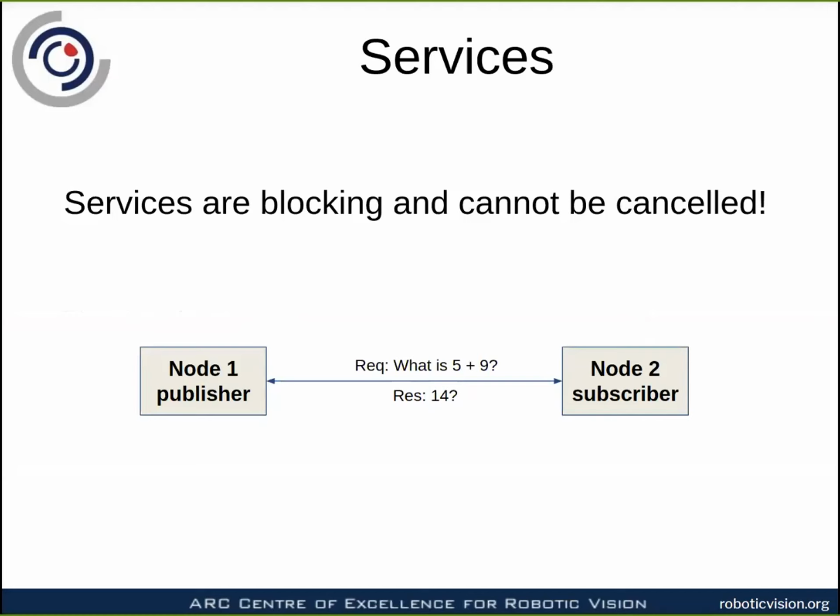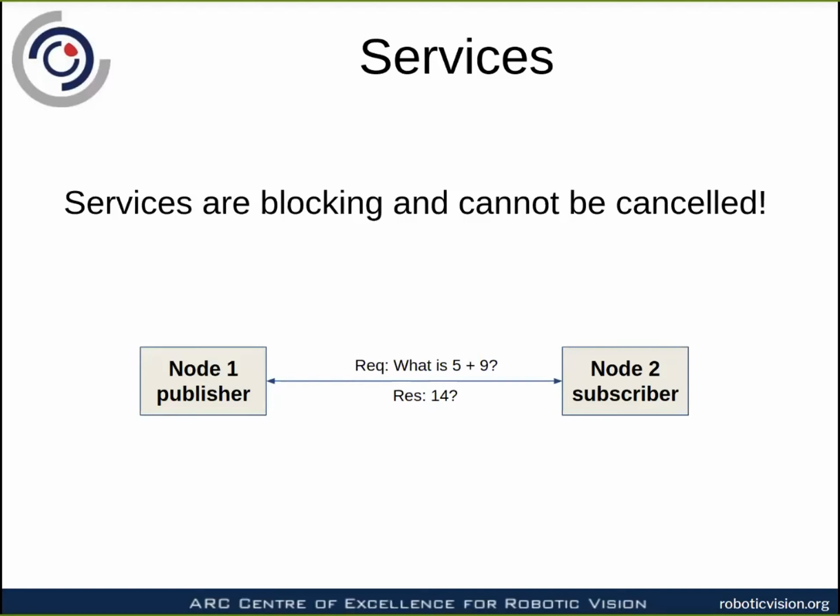If I publish an image and I get back detections, but I'm still publishing images while it's processing the first image, it's hard to tell which image corresponds to which set of detections. Whereas with a service, I can send my image and I know that the response I get back is the set of detections corresponding to the input image. Does that make sense? Okay, so best used in instances where you do want to sort of set things on pause for a moment while you deal with information.